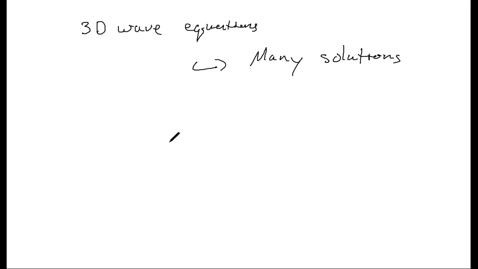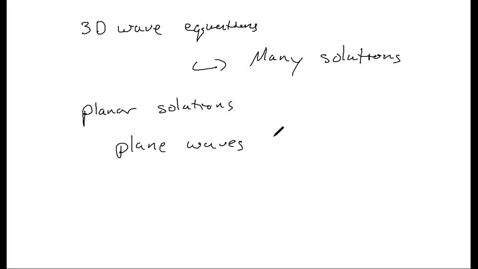It all depends upon the details of the charges and the sources and the currents and the wires and this and that, the antenna arrays. Every antenna array would have a different type of solution. We're going to focus on special solutions called planar solutions, or plane waves.